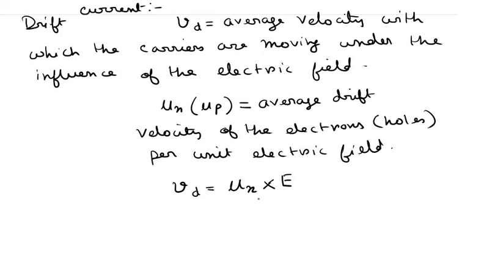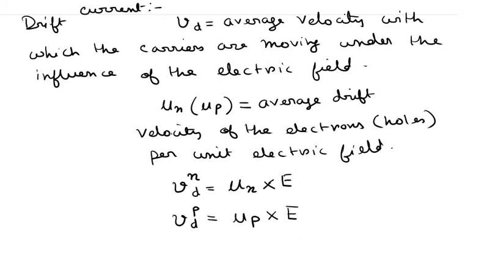right? So this Vd, let us call it Vdn because we have used the mobility of electrons here. Similarly, the drift velocity of the holes in the valence band is equal to mu p times this electric field.